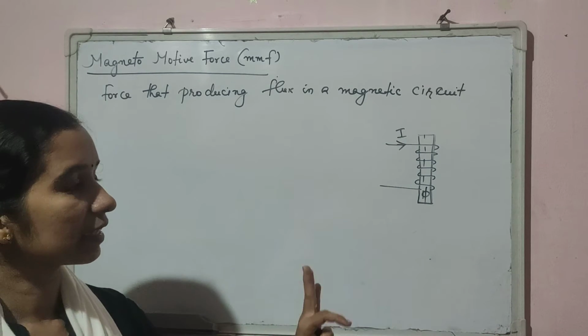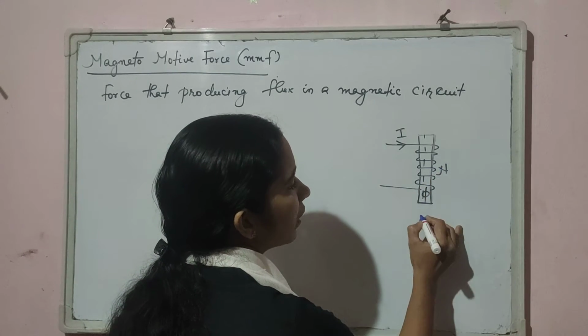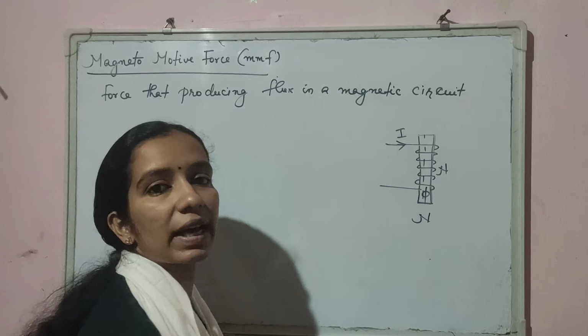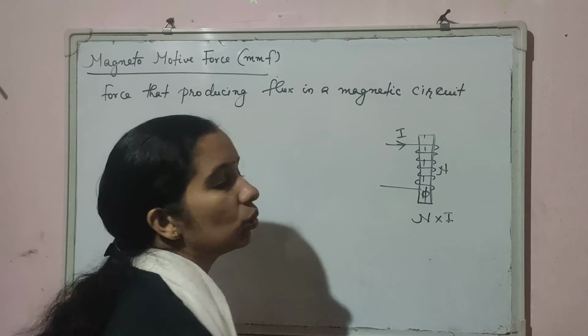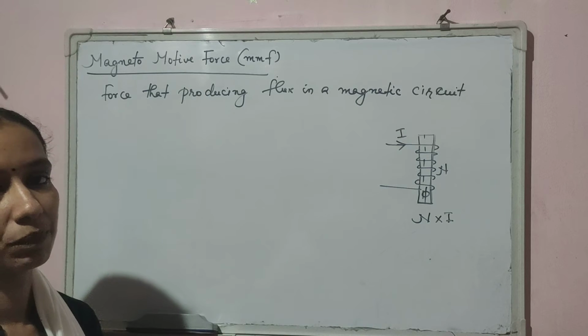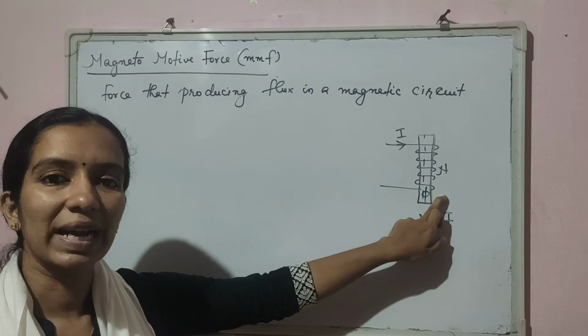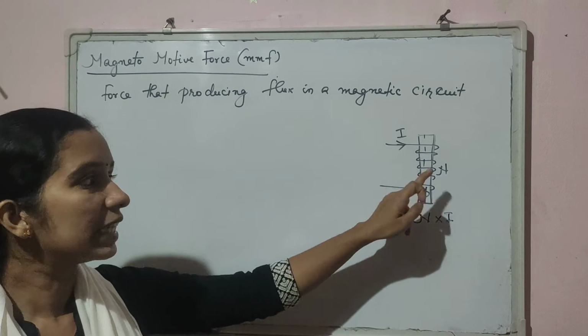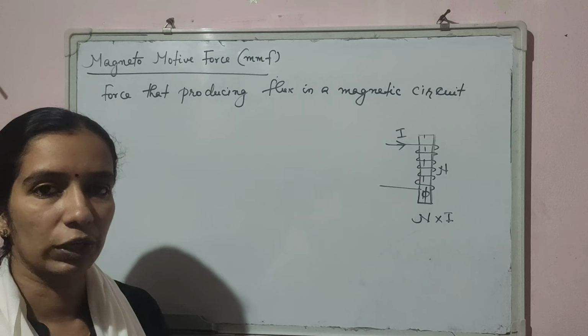And in this case, the MMF is the number of turns of the coil wound around the iron piece into the current passing through the coil. So here, this iron piece is converted into a magnet by winding a coil around it and then passing a current through that coil.